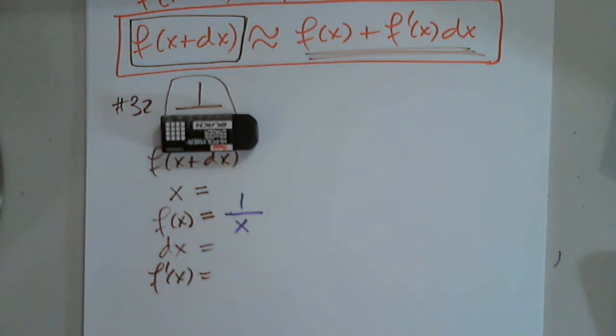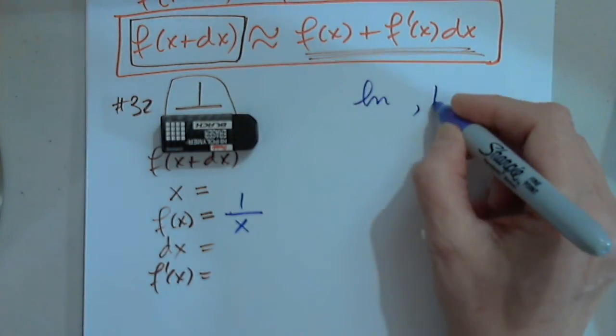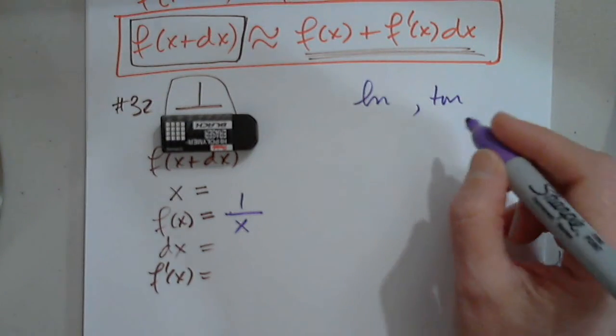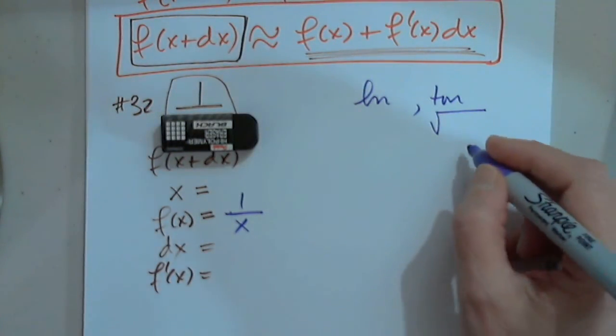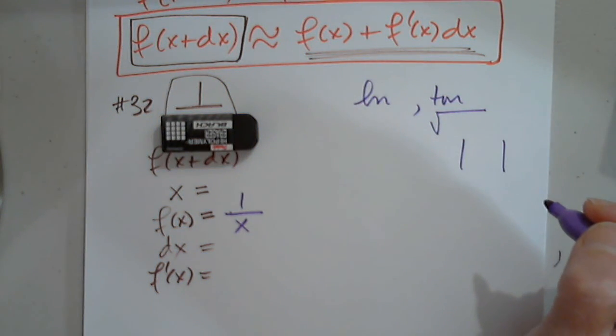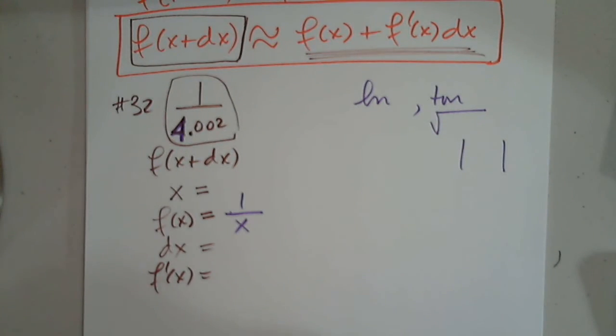If you cover that number, what kind of function do you see? Do you see natural log? No. Tangent? No. Square root? No. Absolute value? No. So just cover the number. What function do we see? It's 1 over. That's it. There is no other function here. We agree on that? Yeah.